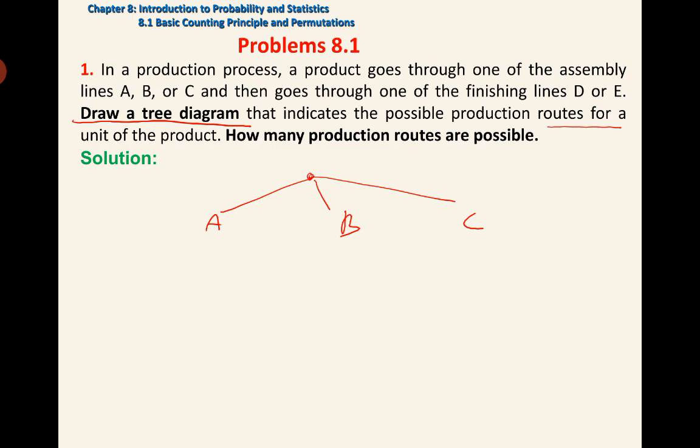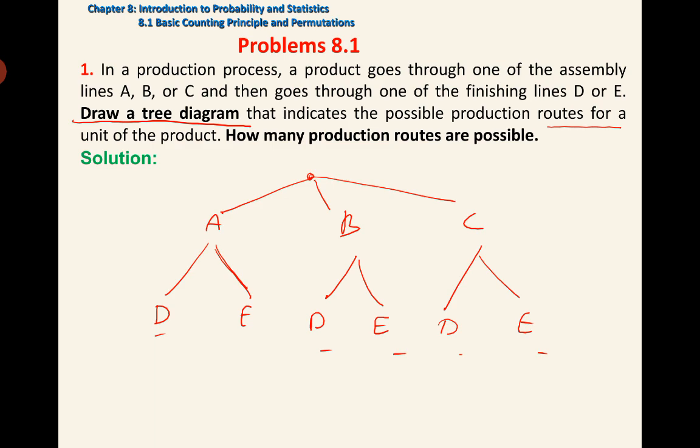And from A the product goes through the finishing lines D, E. If you go to A, then again go to D or E. If you go to B, again D or E. If you go to C, again D or E. Is that all? That's all. So how many routes are there? 1, 2, 3, 4, 5, 6. So 6 possible production routes.